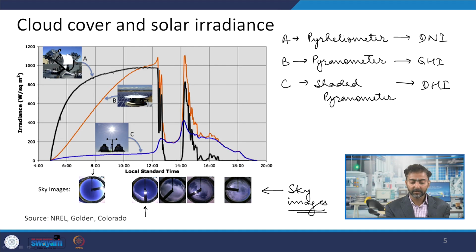DNI, as we see here, is at a pretty high value, whereas there is some diffuse radiation. The blue curve has also picked up a little bit. But the most interesting thing happens later, around 2 p.m. In the third image, the sky is now almost completely overcast.